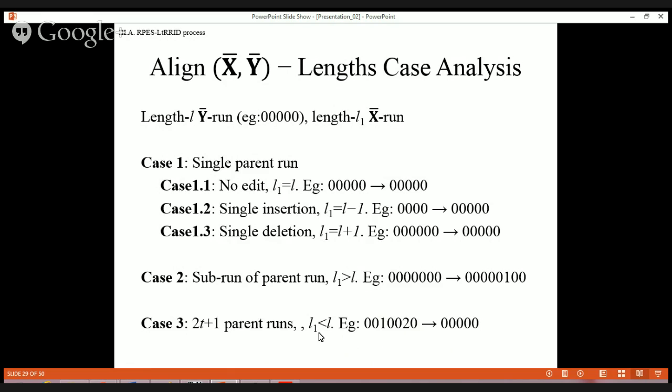Then by deleting the different symbol, the run gets lengthened by length 1, which results in a length Ly run. So in case 3, it would be a single deletion.